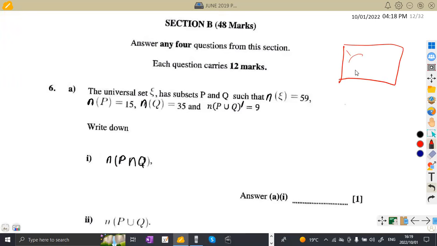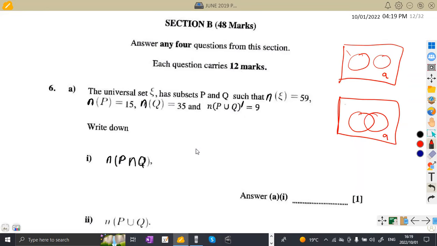Maybe we are going to have something joined like this, or something not joined. It's going to depend on how we have it. But what we know is that what is outside, not in A and not in B, is 9. That is the complement part. So this is 9 and this is also 9.